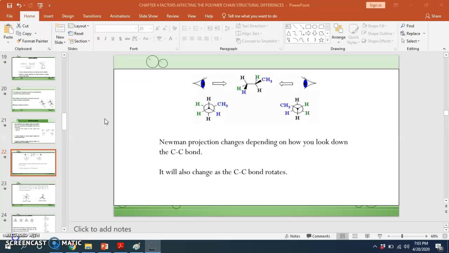Sorry, this is the Newman projection for propane. The Newman projection changes depending on how you look down the carbon-carbon bond here. It will also change as the carbon-carbon rotation occurs.